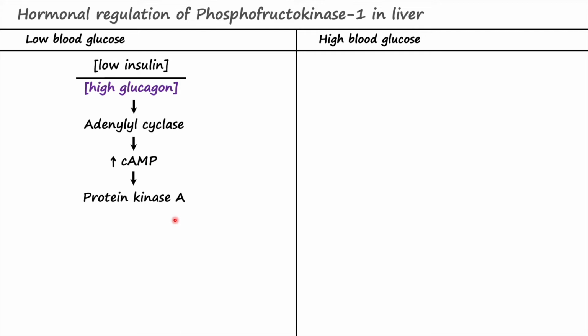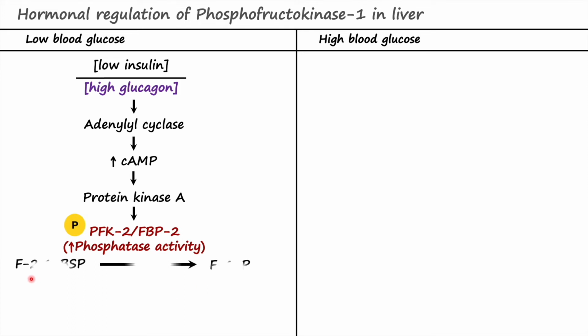So protein kinase A phosphorylates the PFK2 and FBP2 enzyme, which enhances its phosphatase activity. So when phosphatase activity is enhanced, it breaks down fructose 2,6-bisphosphate into fructose 6-phosphate.